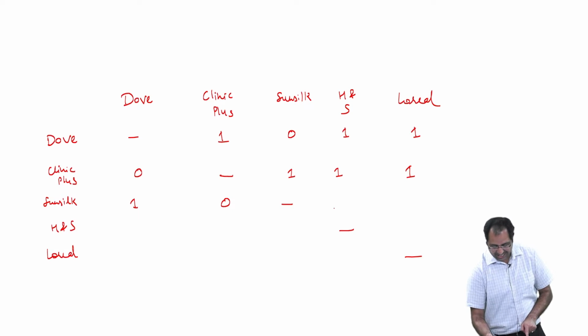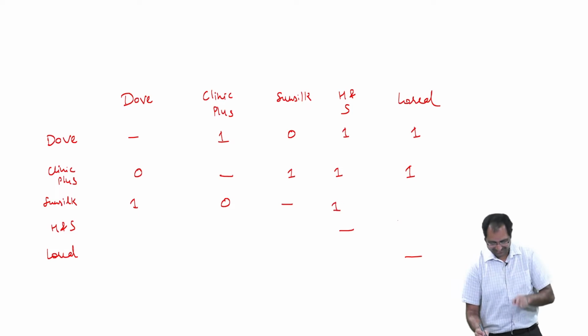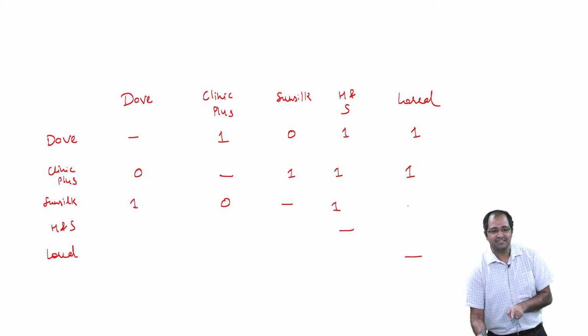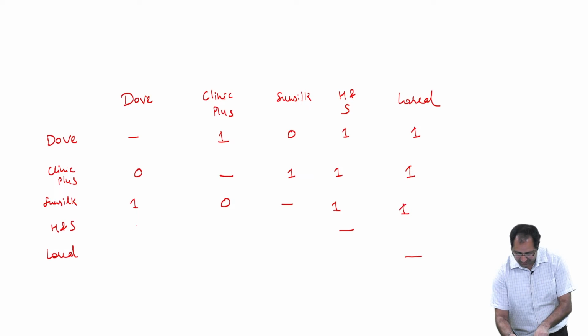The next one, between Head and Shoulder and Sunsilk. Do you use Head and Shoulder? Between L'Oreal and Sunsilk? L'Oreal. Between Head and Shoulder and Dove we have done already, Head and Shoulder. Between Head and Shoulder and Clinic Plus, Head and Shoulder again.